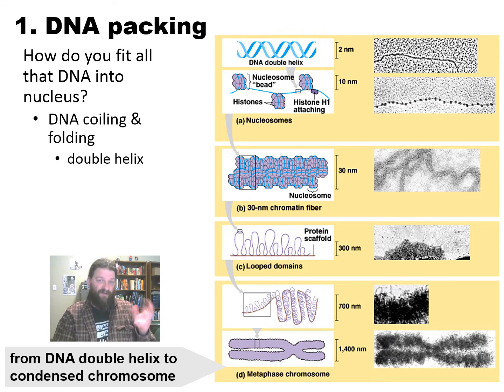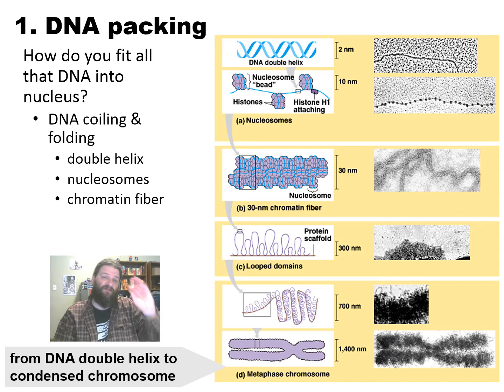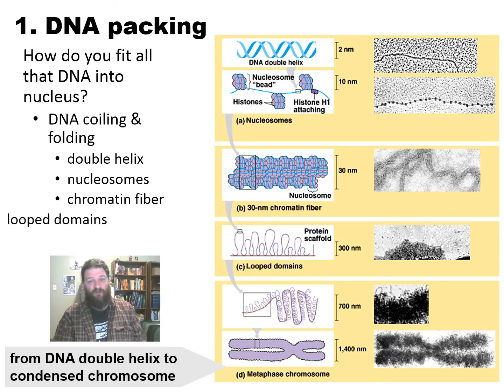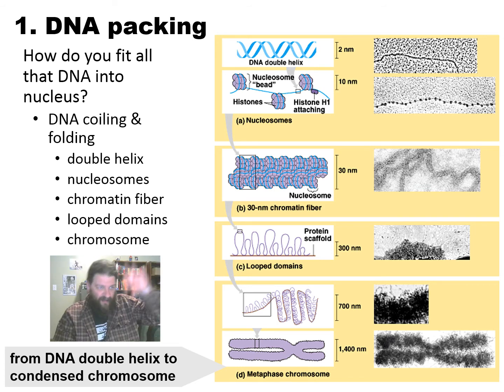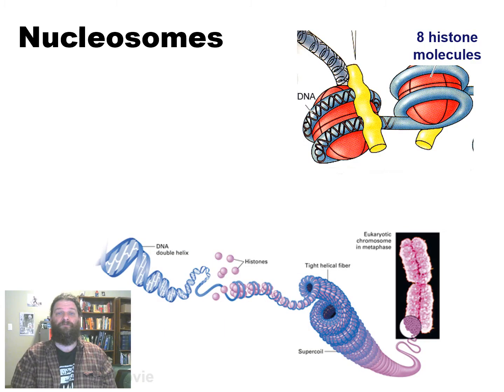Right, so we get the double helix, that's a twist, and then that's coiled up into a coil, and then that coil is wrapped around histones to form a nucleosome, and this string of nucleosomes makes up the chromatin fiber. I take the chromatin fiber and weave back and forth into these loop domains, take the loop domains and weave them back and forth, and you end up with the chromosome.